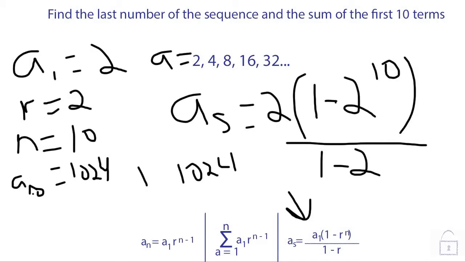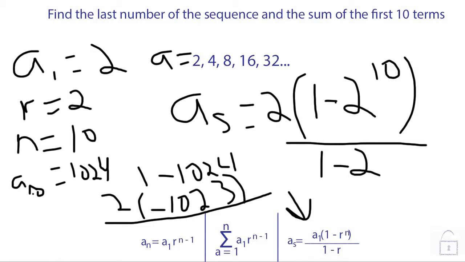And we take 1 minus 1024, which is equal to negative 1023. All of that is multiplied by 2 and divided by 1 minus 2, which is equal to negative 1.